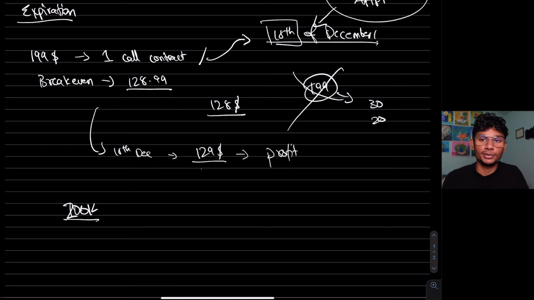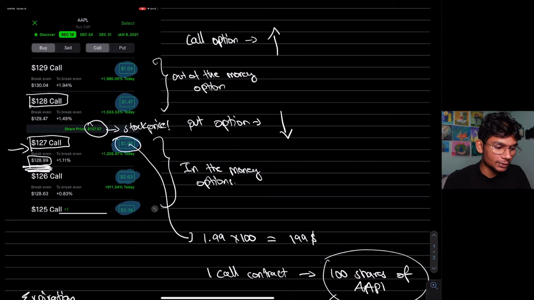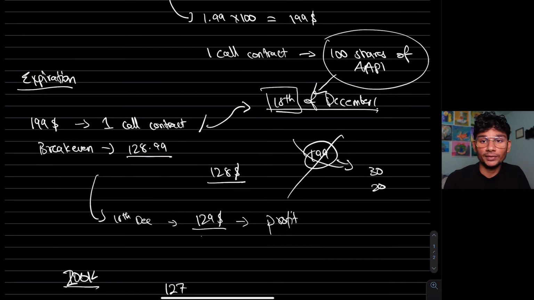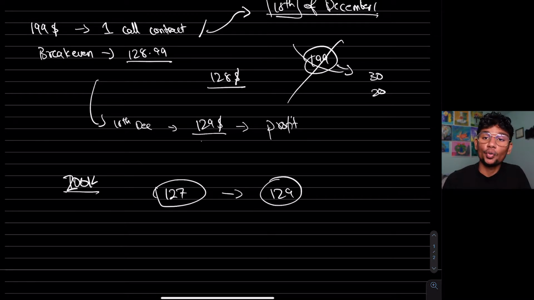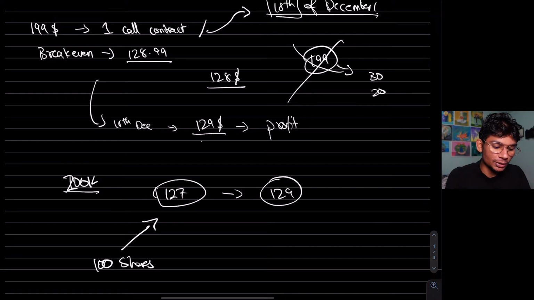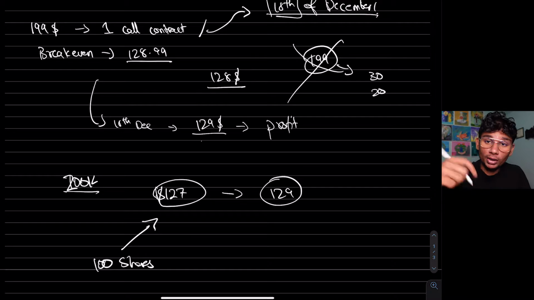What happens during expiration date is, since you bought this call contract at, let's say, 127, and you let it expire at 129, the person who actually sold that contract will have to sell you 100 shares of Apple at this price, even though the current Apple price is at $129.